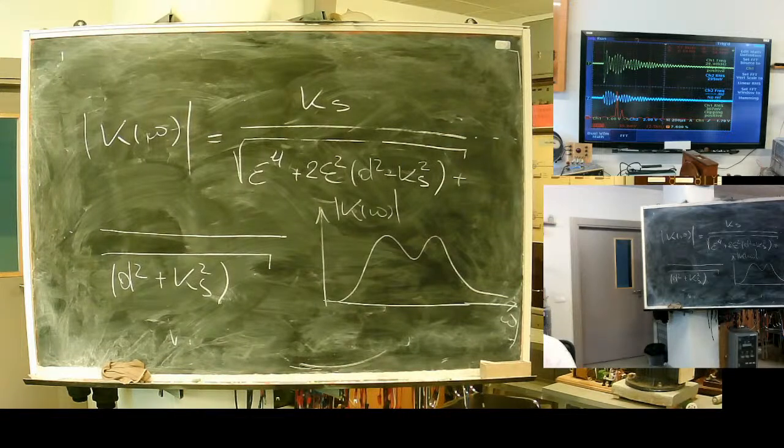Any conclusion? First, Tesla coils are good toys, and second, when we have a coupled resonance system, we will have multiple resonance frequencies, not one, not single.